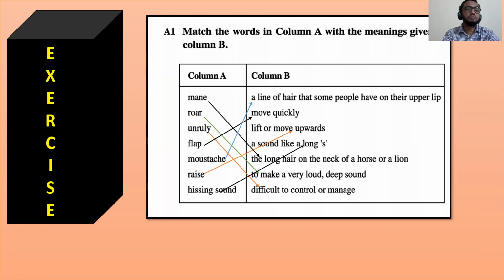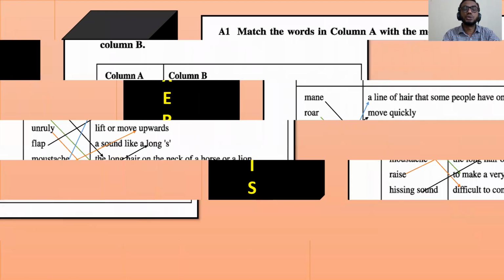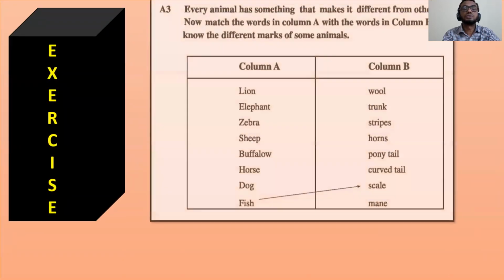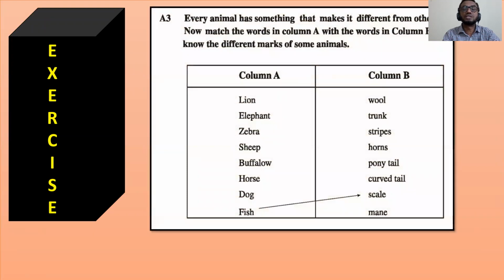Now, let me show exercise number 2. There is exercise number 2. Look at the exercise. Every animal has something that makes it different from others. Now match the words in column A with the words in column B. Know the different marks of some animals. In column A, the names of the animals are given, and in column B, the marks or the symbols of some animals are given here.